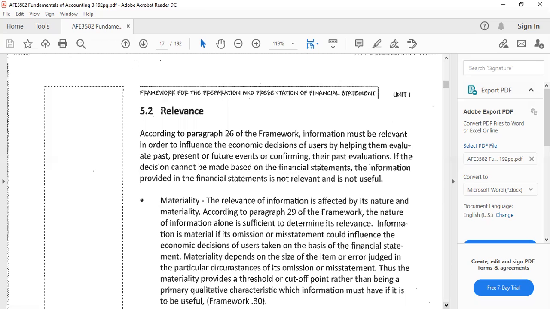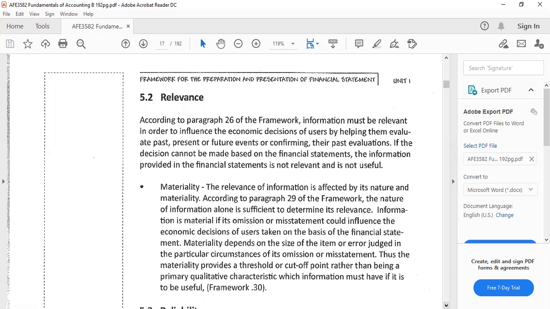Okay. So the next one is relevance, meaning that information should be relevant. They should be true information, they should be material. Meaning that if you buy a pen, you cannot record it in your balance sheet.